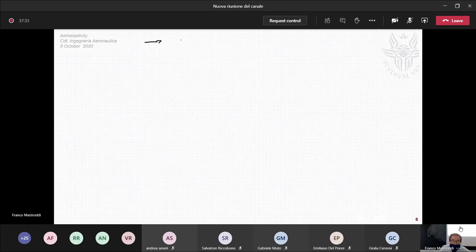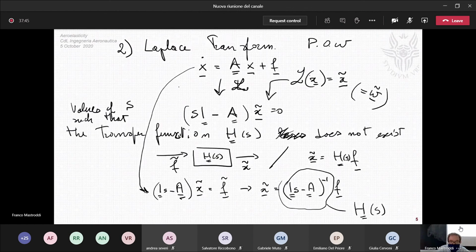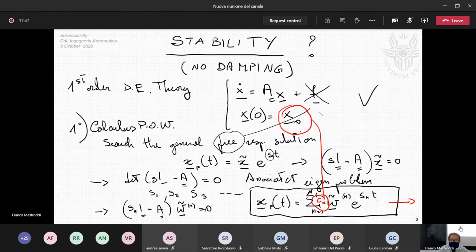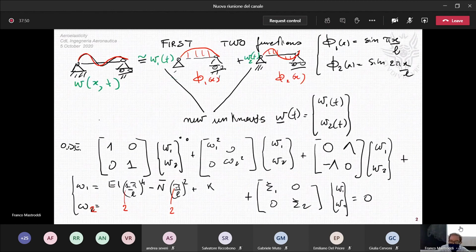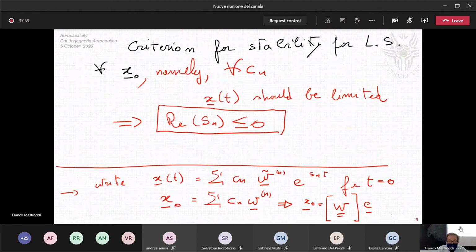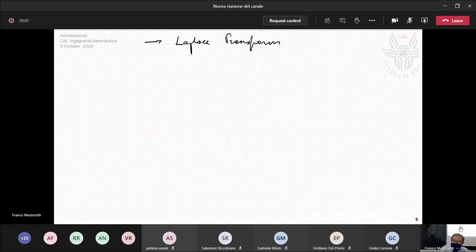Laplace transform approach. So we take the Laplace transform of equation 1 with no damping.